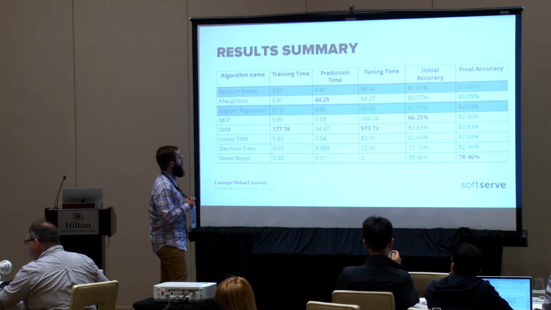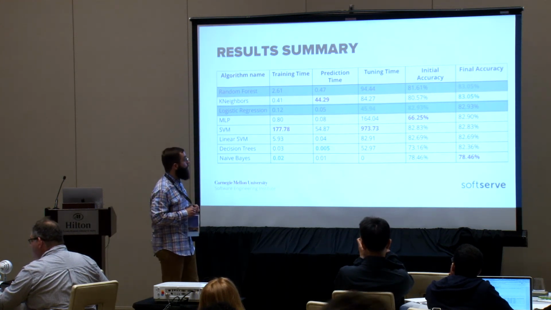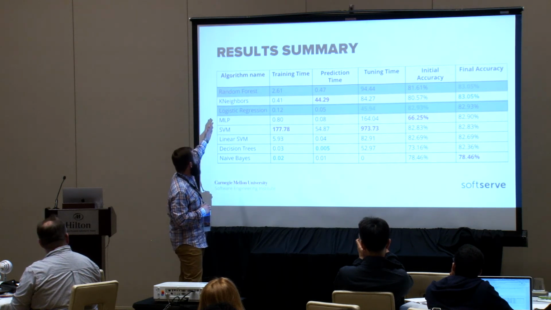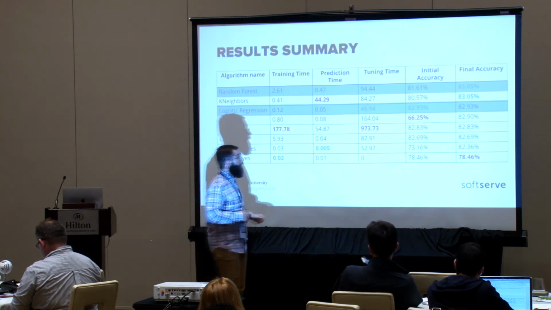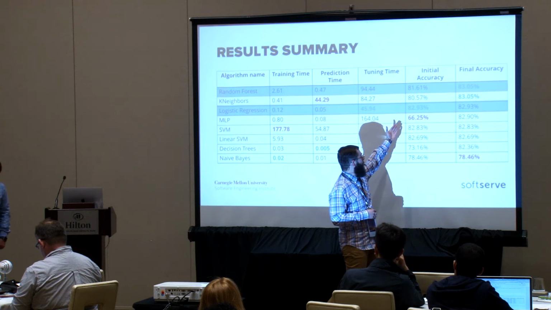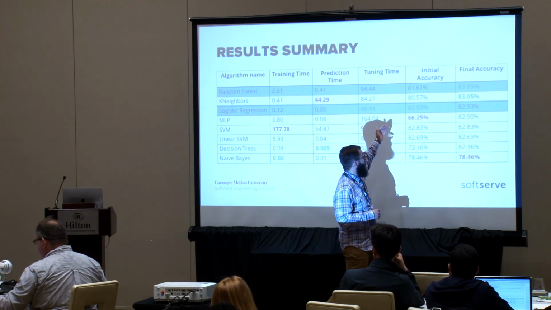And the next one is logistic regression, which I would say is the second winner in this competition. And there is another interesting insight. Take a look at the multi-layer perceptron or neural network. You can see that the initial result with default hyperparameters is quite bad, right? It's the worst.